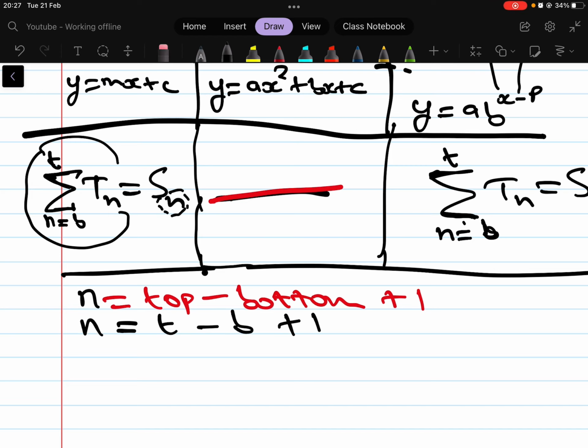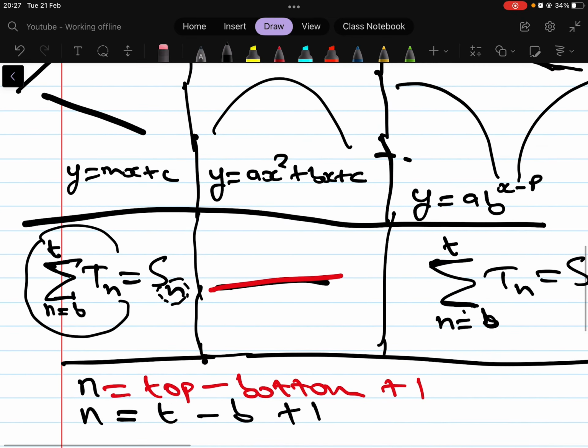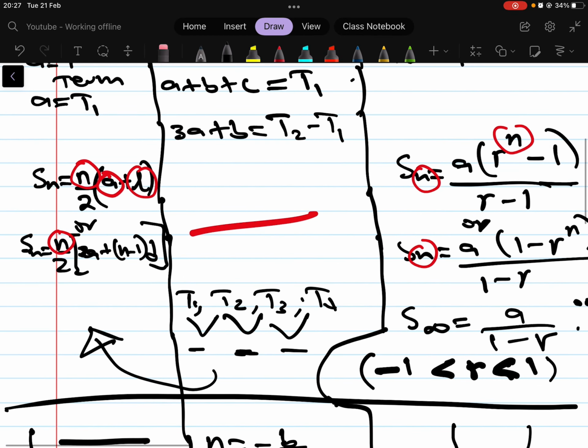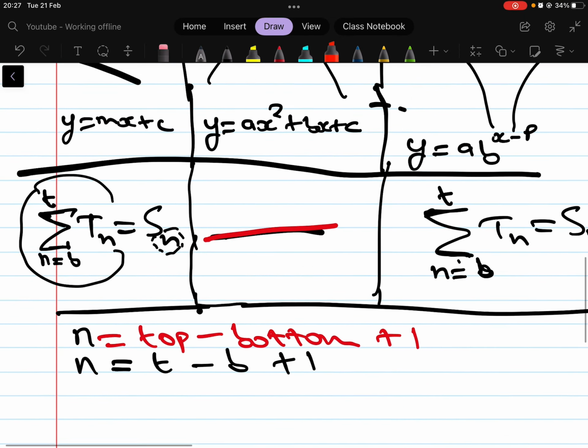That's how you calculate the number of terms this equation, either for arithmetic or geometric, is adding. So just be clear about that and you should be fine.